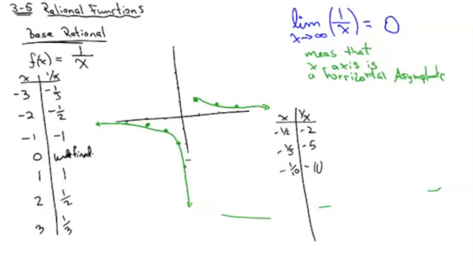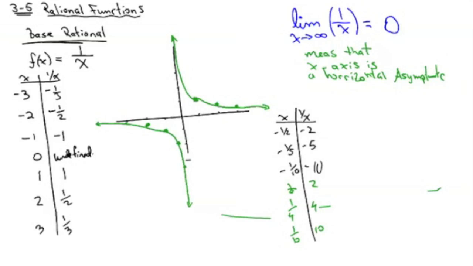But it would never ever touch the y-axis because at the y-axis it's undefined. Same thing would happen on the other side if you chose positive 1/2, positive 1/4, positive 1/10. You'd have 2, 4, and 10 to contend with, and it would go up the y-axis on this side. So you get something that looks like this. This is the graph of 1 over x.